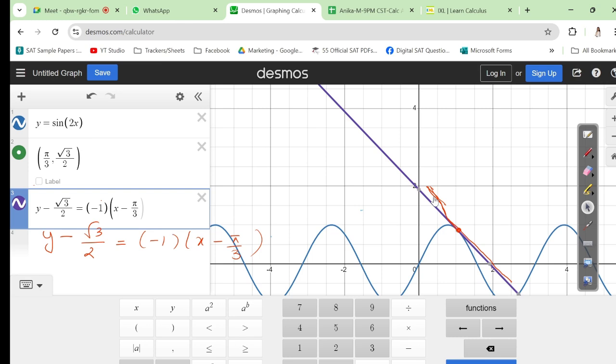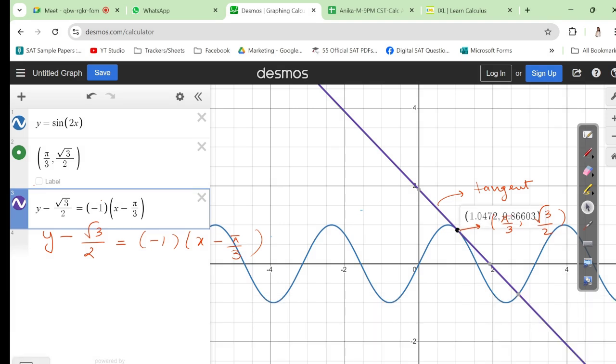See, you can see this line. This is the tangent. It is touching the curve at this point, pi by 3 comma root 3 over 2. This is the point. Okay, Anika? We can label this. Yeah, this is the point.